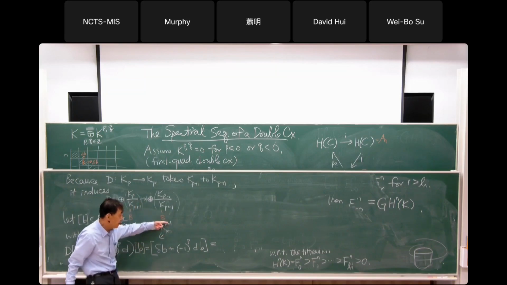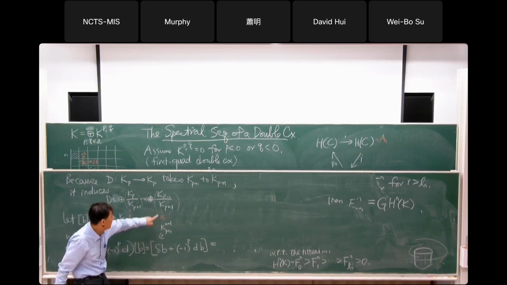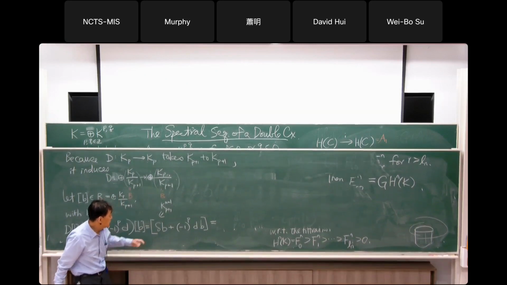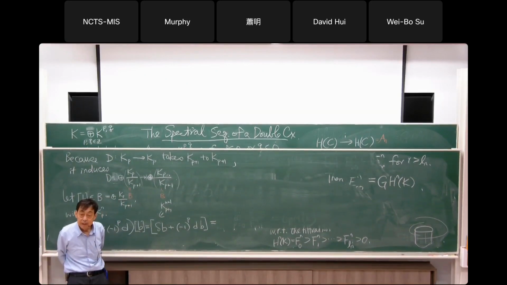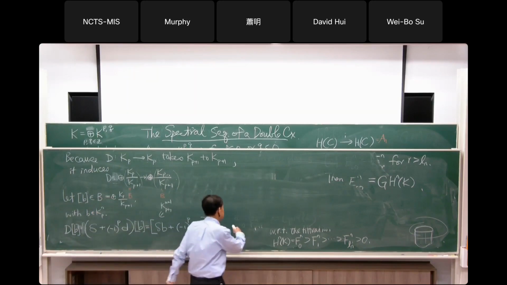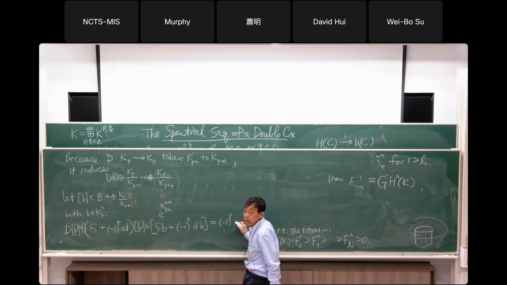The degree increased by 1, and it's the p degree that increases by 1. But when you take the quotient, what happens to this delta b? It becomes 0, because it is in Kp plus 1. So when you take the quotient, this is actually just minus 1 to the p of db.